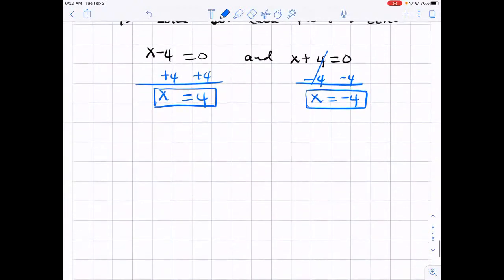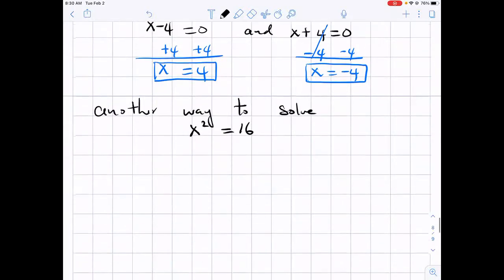Now another way, and some of you can do this, to solve x squared is equal to 16. It's a much shorter way, but the problem is that some of us forget something. To get rid of the square, we'll take the square root of both sides.